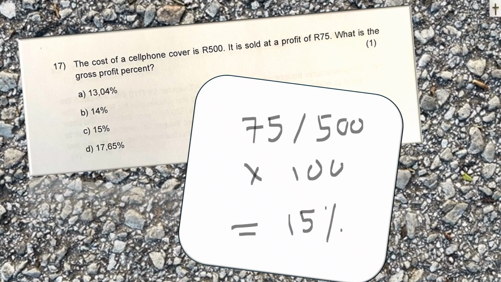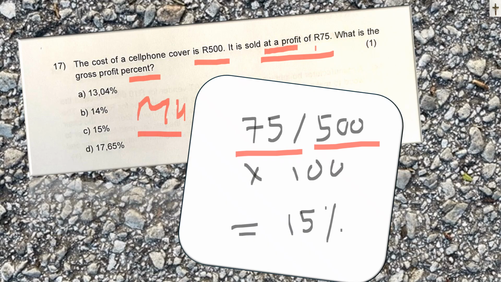Right, the cost of a cell phone cover is 500 Rand. It is sold at a profit of 75. What is the gross profit percentage? Very easy. You take the gross profit, the markup, the profit, they say here, of 75, and you divide by the cost price.